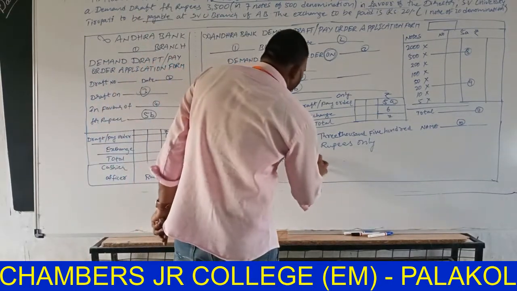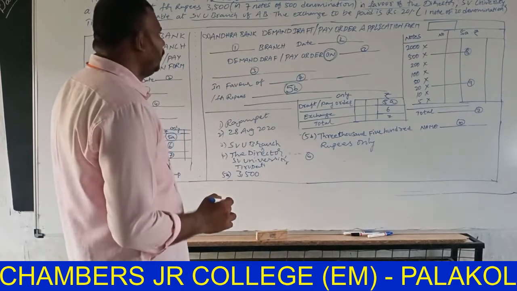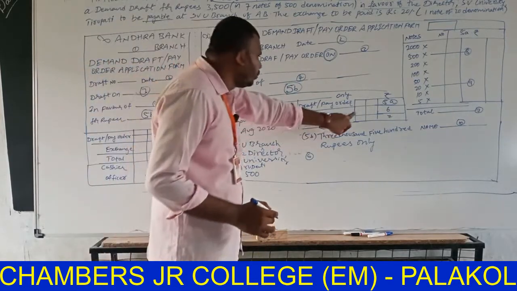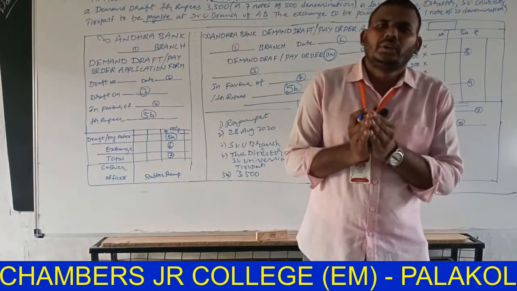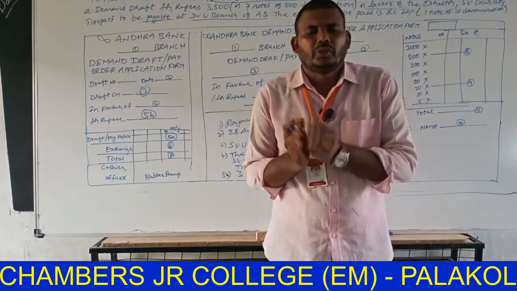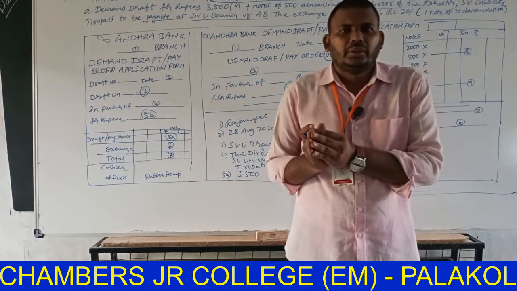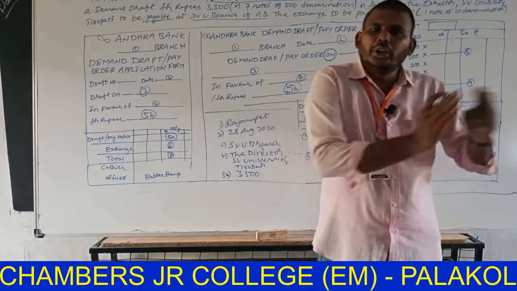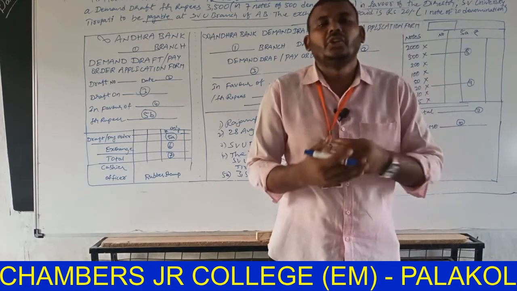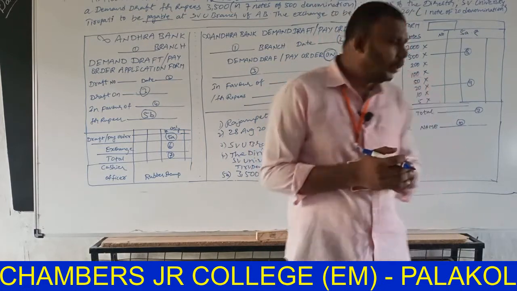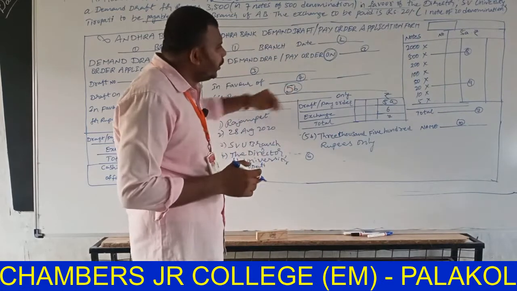And see the sixth one. Here is the exchange rate. For purchasing a DD, banks collect some extra amount for exchanging the DD into money. So that is called the exchange rate. It is not included in the DD amount.